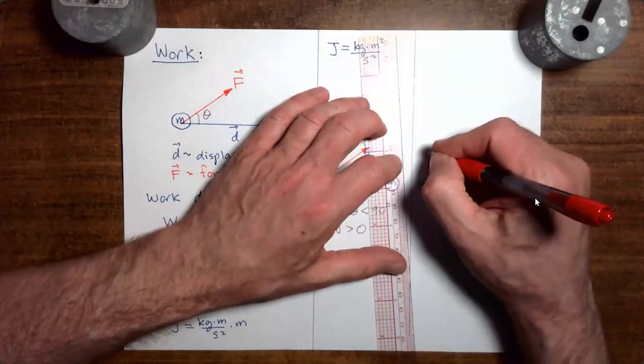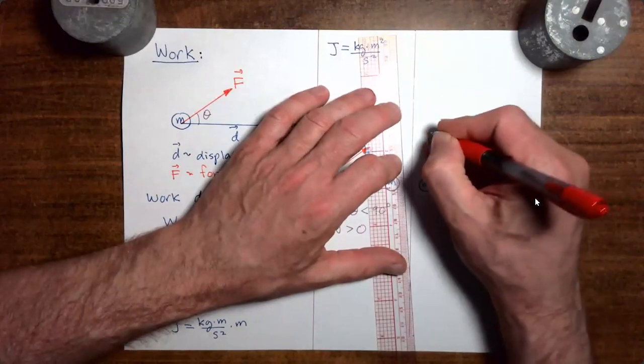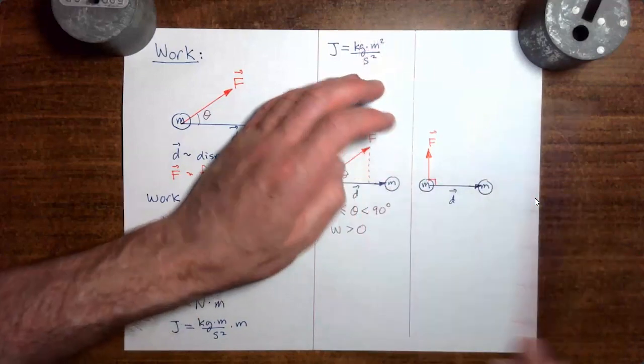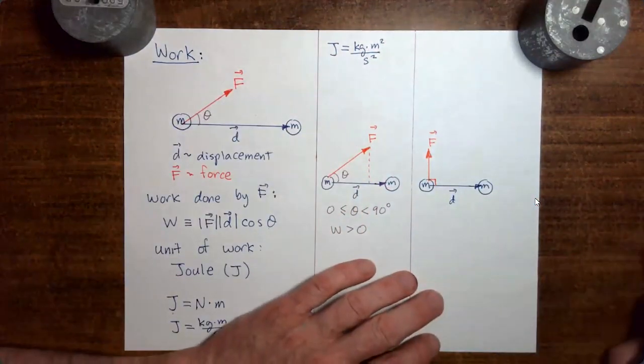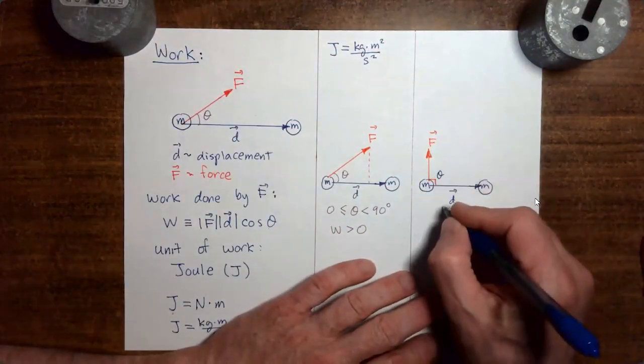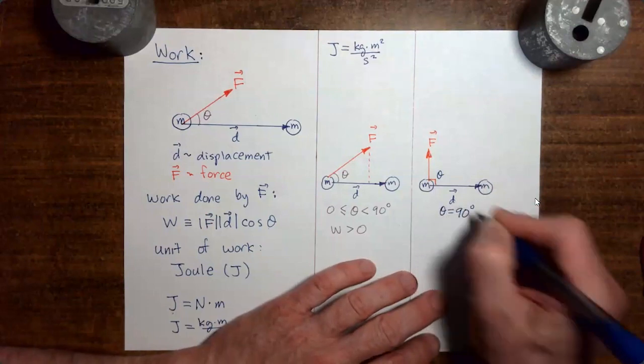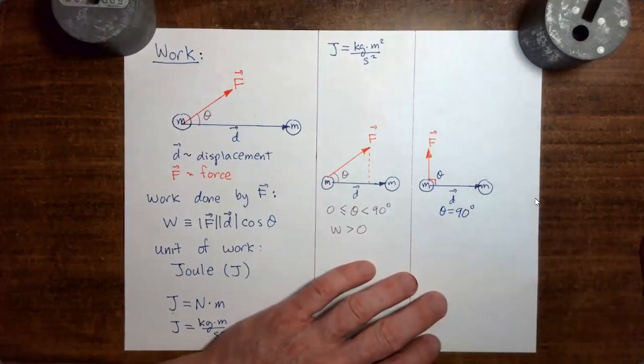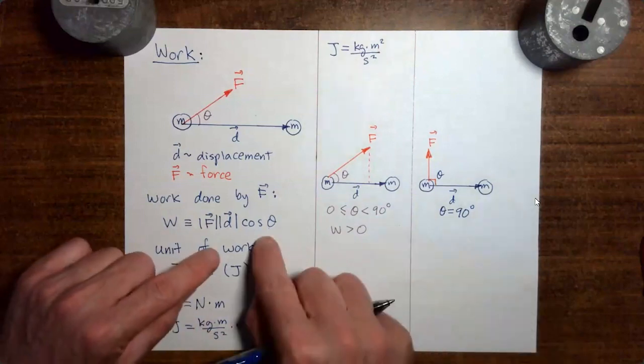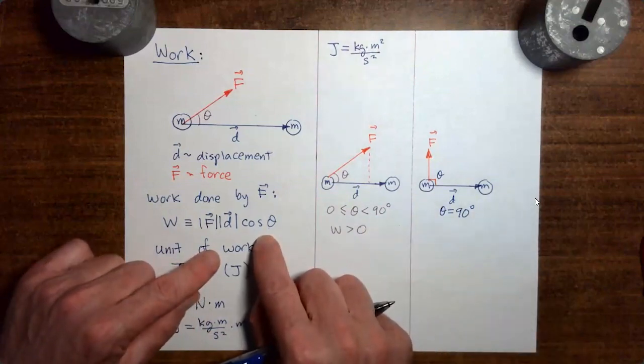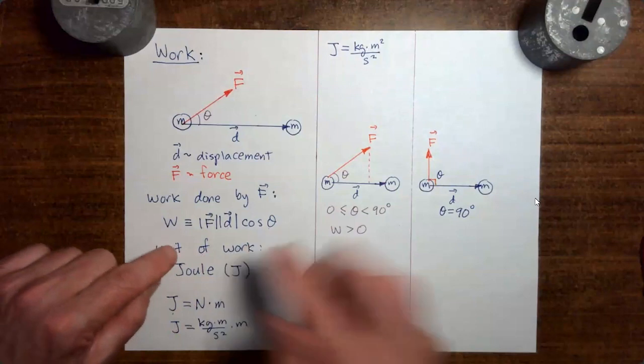We're going to say that our force vector is at a right angle to the displacement vector. So our theta here is 90 degrees. All right, is the work positive, negative, or zero? Well, if theta is 90 degrees, cosine of theta is then zero, so the work would be zero.